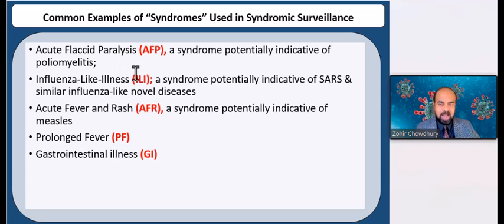Influenza-like illness, ILI, a syndrome potentially indicative of SARS and similar influenza-like novel diseases. Acute fever and rash, or AFR, a syndrome potentially indicative of measles. Prolonged fever, PF, could be indicative of a novel disease out there, as well as gastrointestinal illness, GI, can also be a very useful syndrome to monitor.